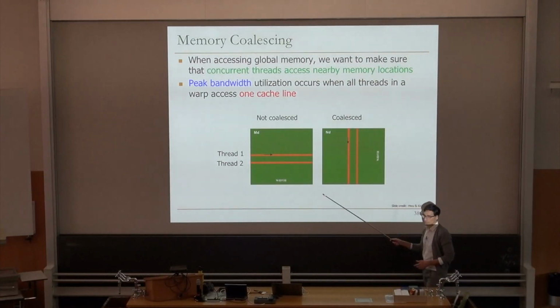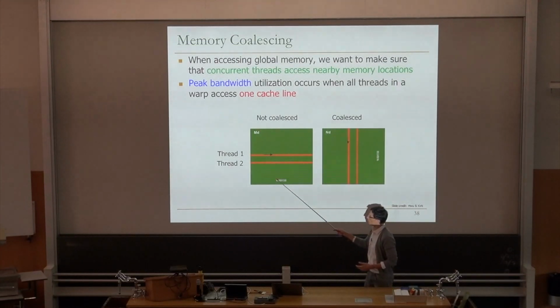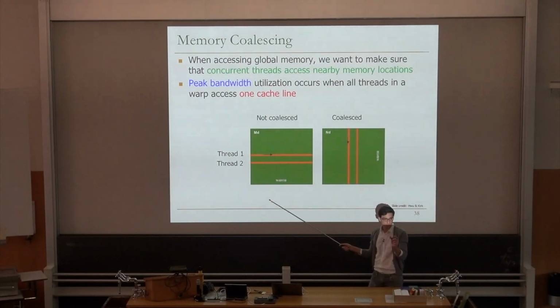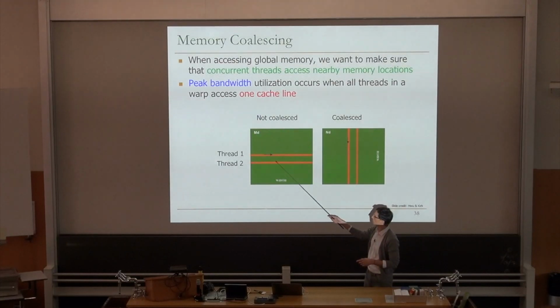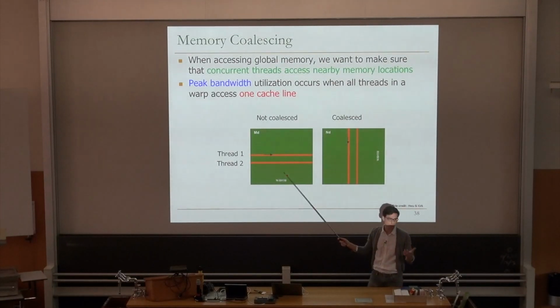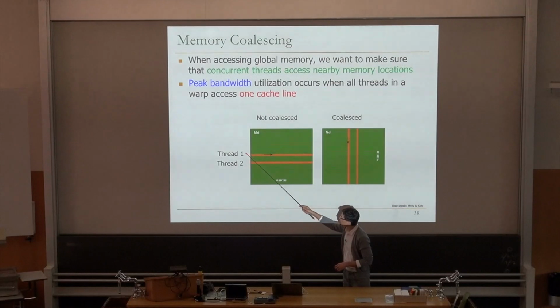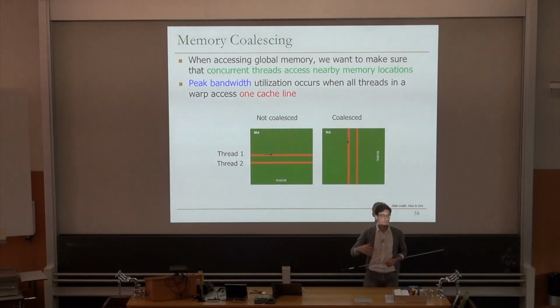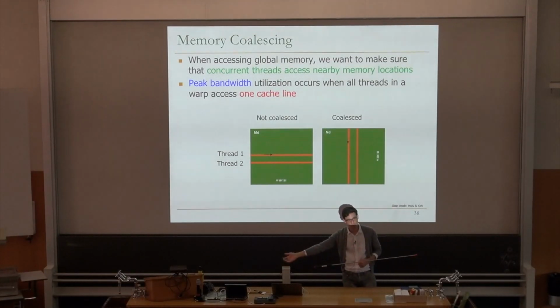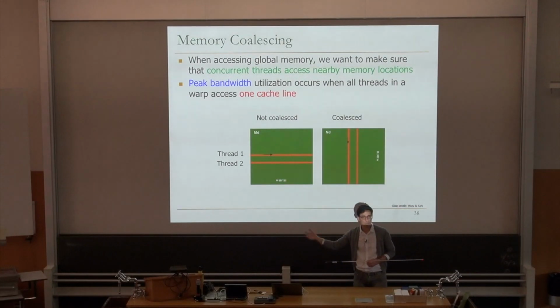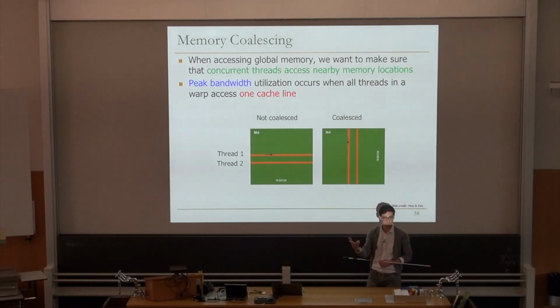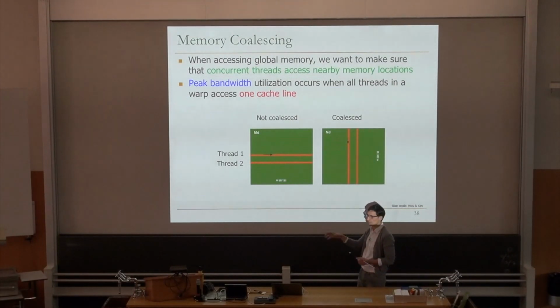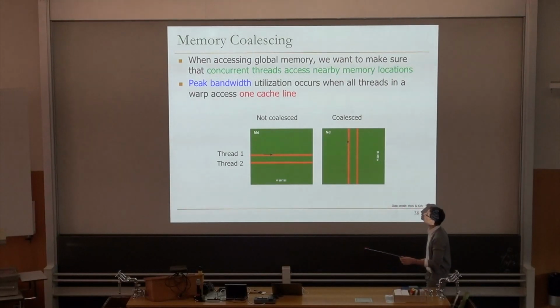The problem is that unless this width or stride is very small, let's say this matrix is 2 by 2, these two threads will probably be requesting matrix elements that reside in different cache lines. Problem, we will need two memory accesses, right? One for the first cache line, second one for the second cache line.